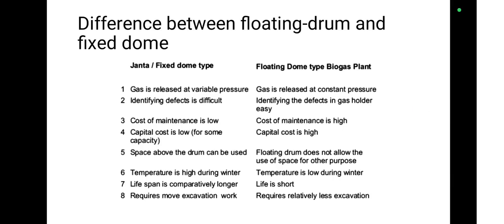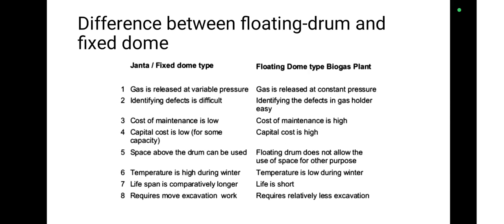Then what is the difference between the floating drum and fixed dome type? In the fixed dome type, the gas is released at variable pressure, whereas in the floating dome type biogas plant, the gas is released at constant pressure.